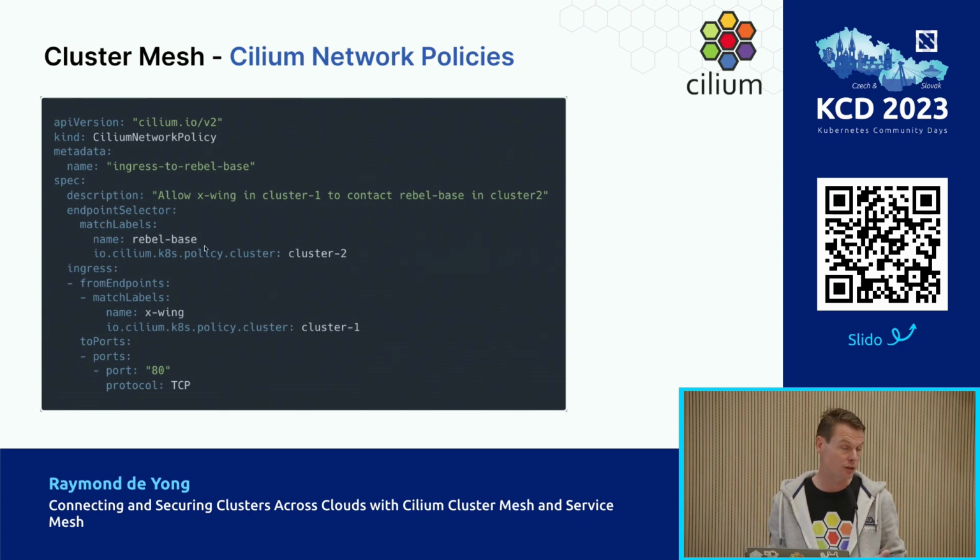This is a simple example of cross-cluster networking and security, but obviously this is super useful with a high amount of workloads. Also, cluster-wide network policies, so policies applied on the whole cluster, support the notion of a cluster name, and as such you can use it in your network policies.